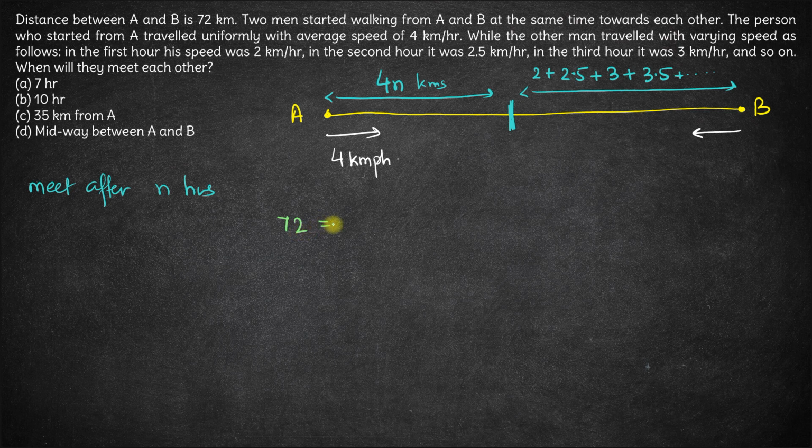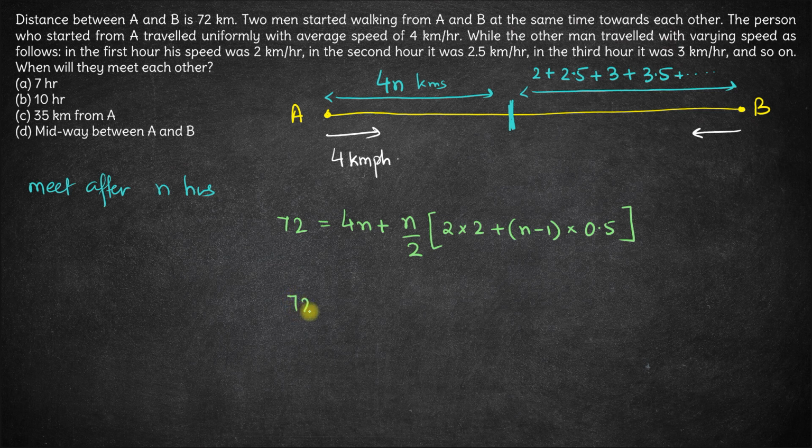So we have 72 is equal to 4 into n plus sum of n terms of this AP. Now we know the sum of n terms of an AP is n by 2 into twice the first term plus n minus 1 into the common difference, which is 0.5. And now we need to simply solve for this.